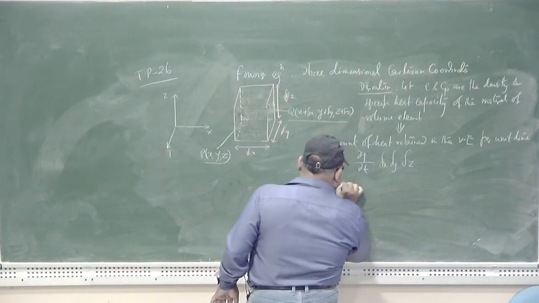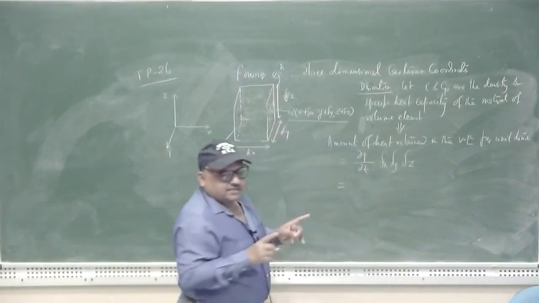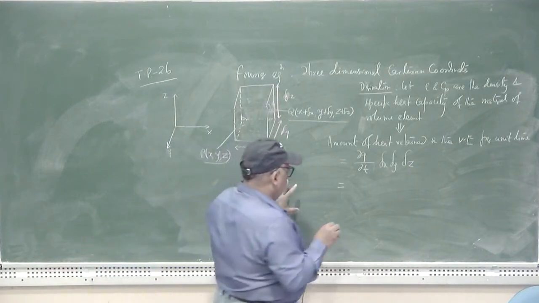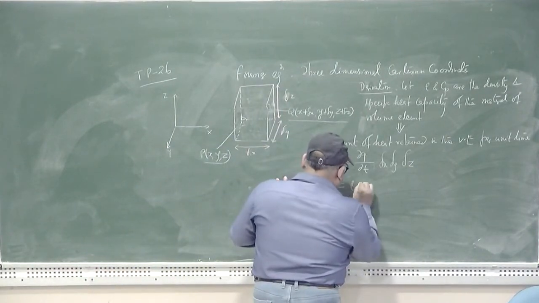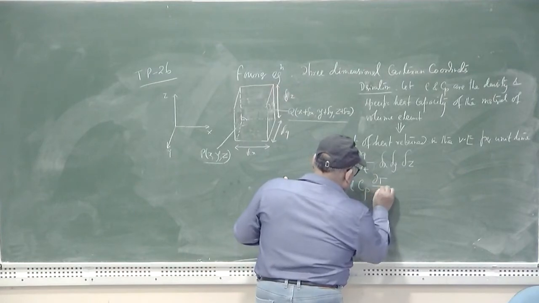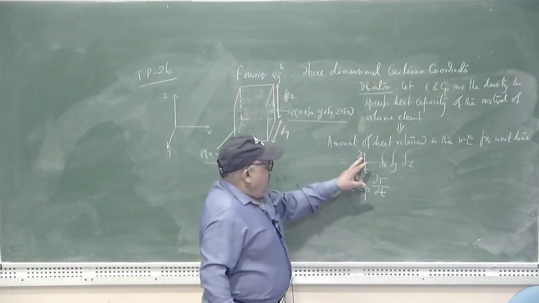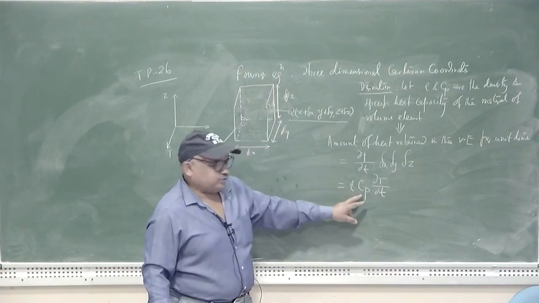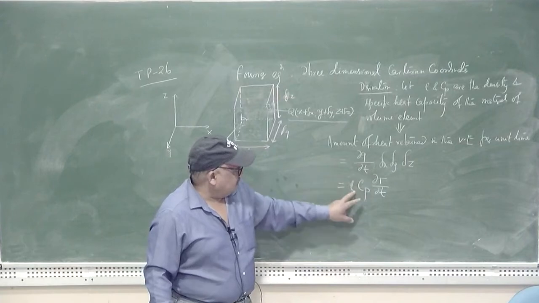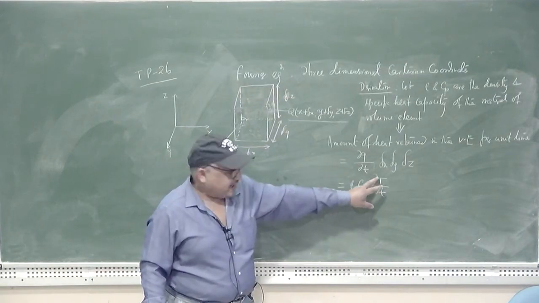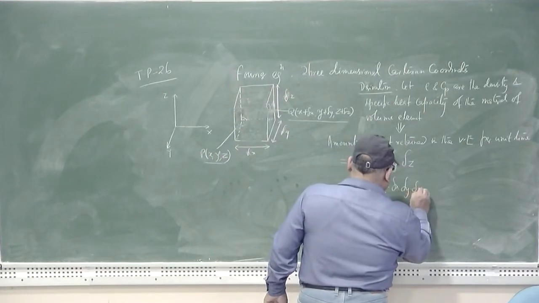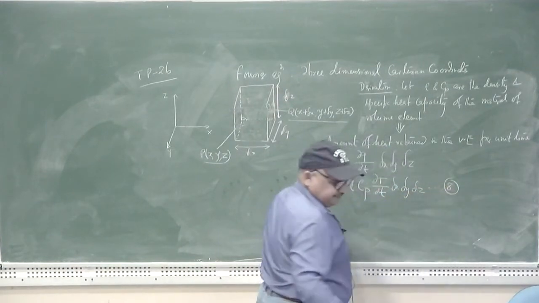This quantity will be written as mass into specific heat, so rho into Cp into temperature difference, that is del T, because Q is equal to rho into Cp into T. So rho Cp is a constant quantity, temperature is only varying, so rho Cp del T by del t into del x, del y, del z. Let it be equation number 8.